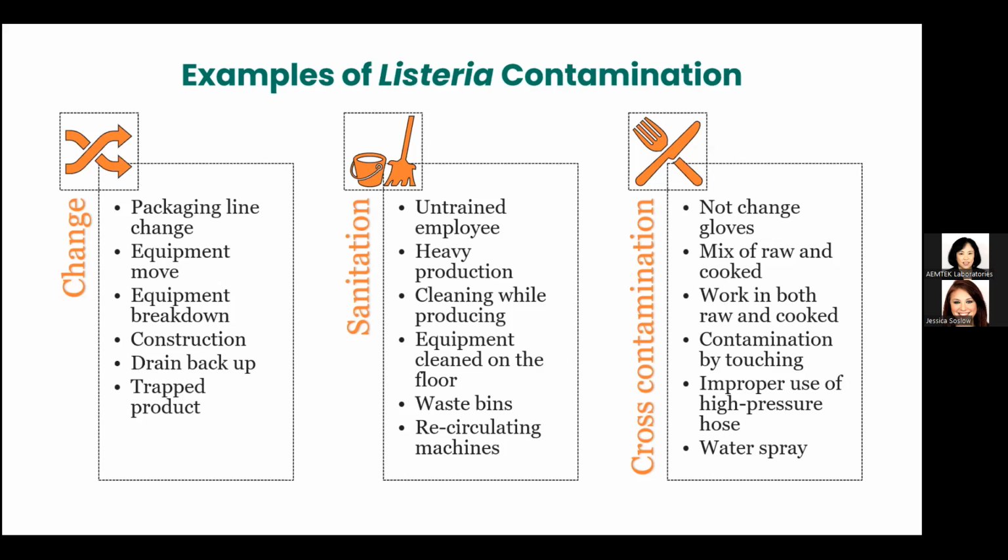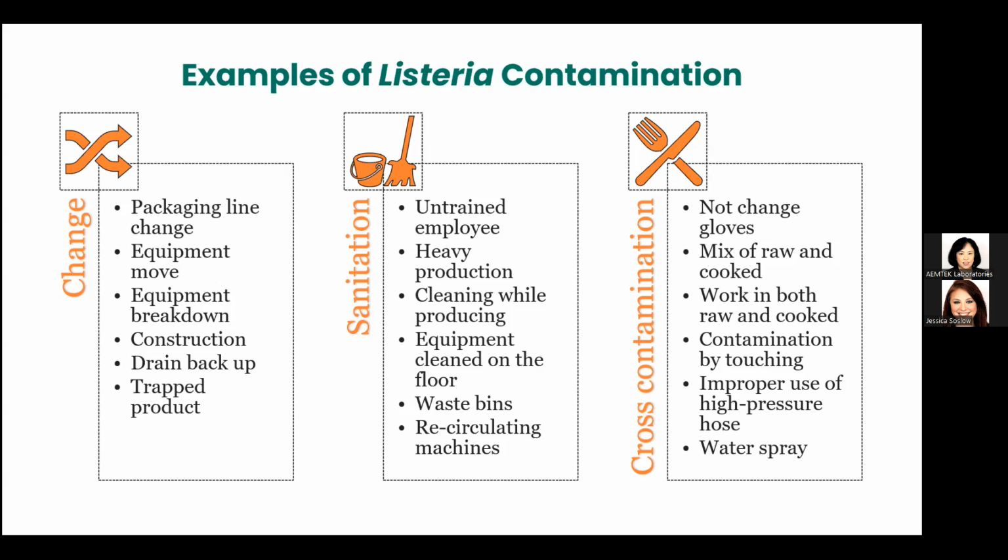It's like solving a puzzle, which can be difficult. So here are some examples of scenarios that can lead to Listeria contamination. It's good to reference what people have found in the past. What usually happens is one of these changes.